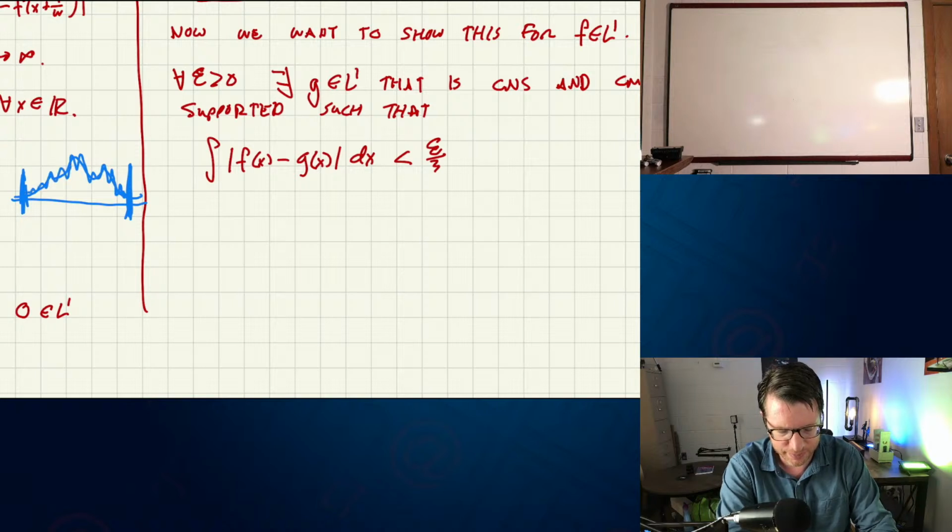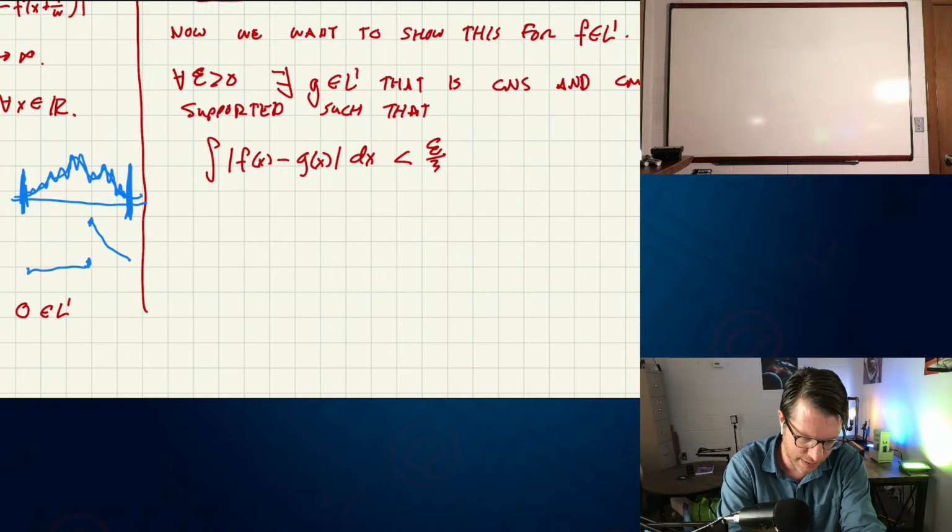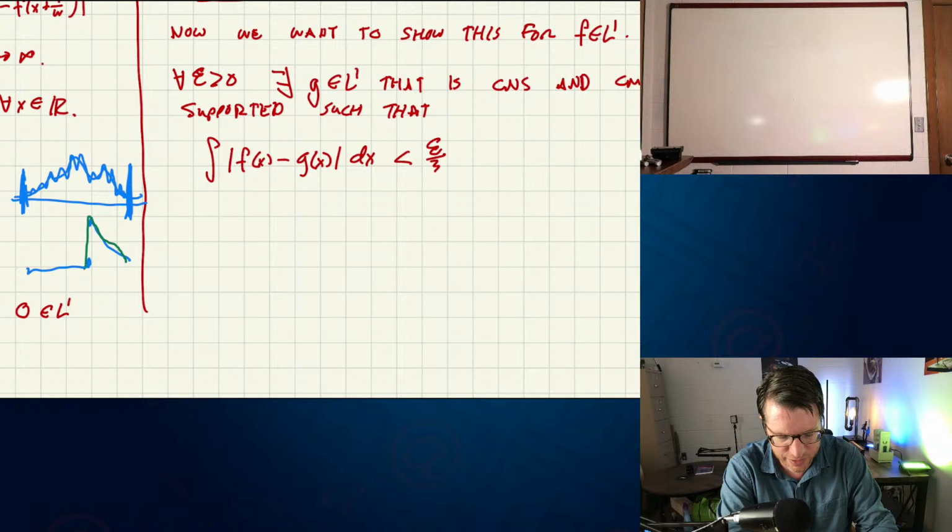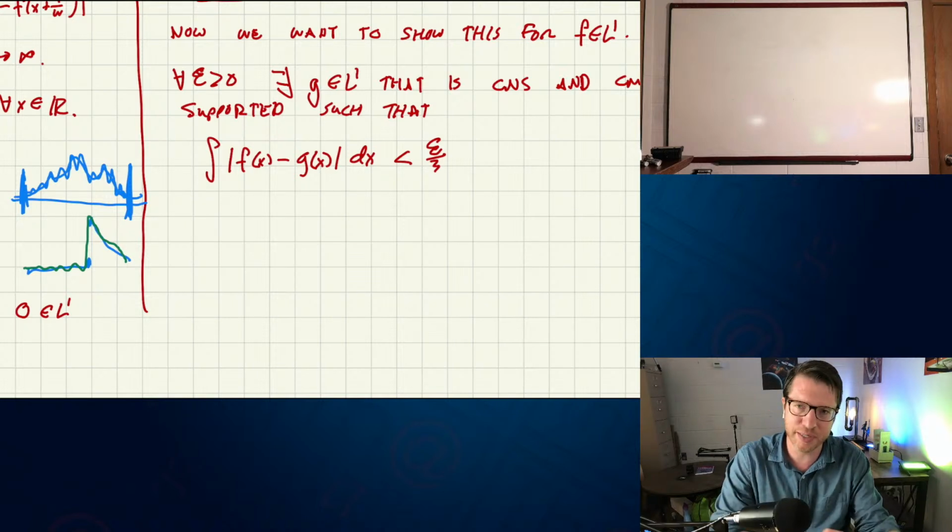So even if your L1 function was something like this, we can get a continuous function approximating it that gets really close, and these discontinuities it can keep very, very small with how it chases it.